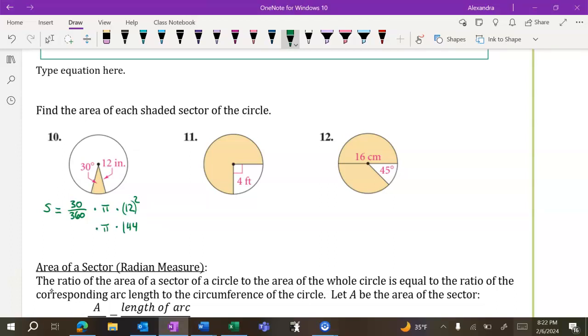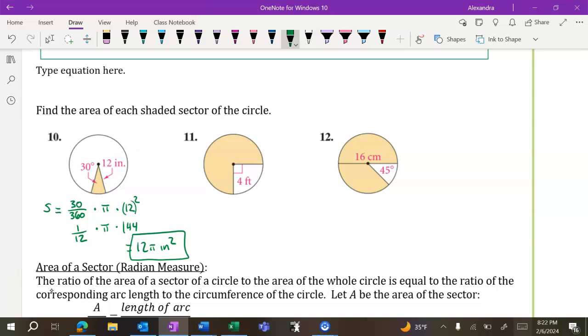And I know that 30 over 360, I can simplify that to be 1/12. Which I can then simplify this whole thing to be 12 pi inches squared. Again, we can't forget our units, and we want to make sure that we are leaving these in terms of pi.